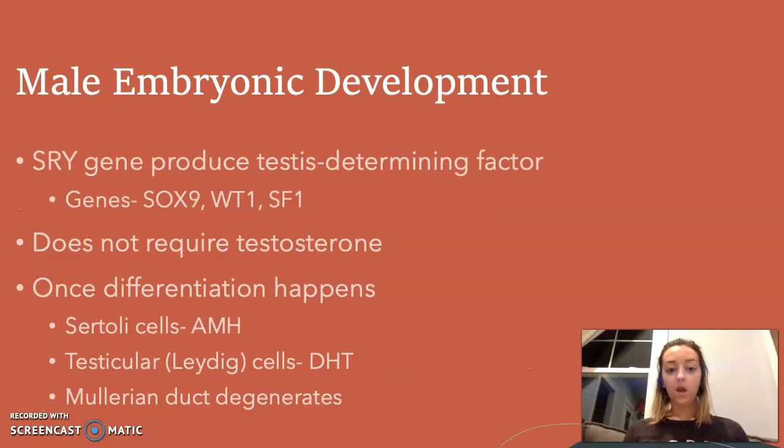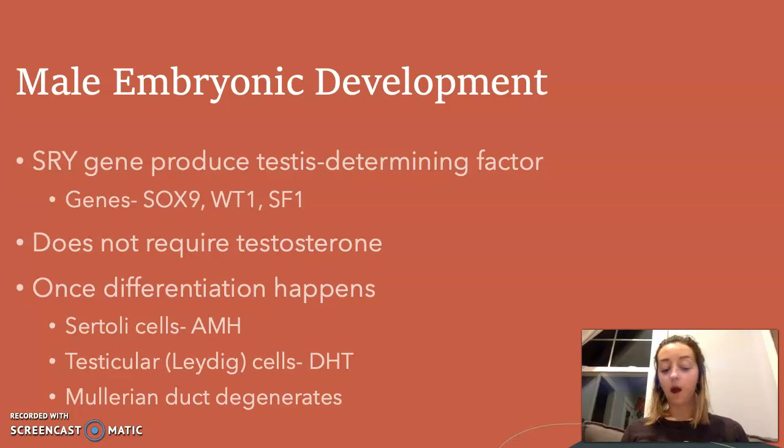In male embryonic development, which I personally think is a little more complicated than the female, as I already mentioned, if the embryo is male, the medulla of the bipotential gonad will develop into the testes. This is caused by the SRY gene that produces a protein called the testis-determining factor, or TDF.